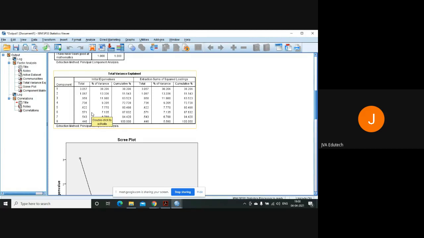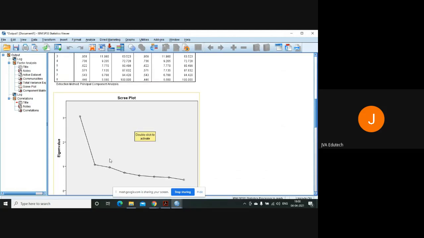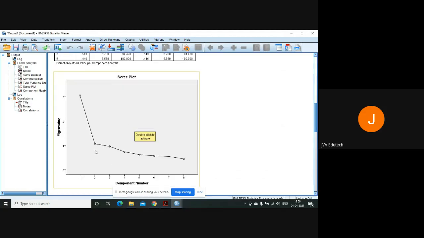Can you see this? I have told that for a good fit, you should have eigenvalues more than 1. And you can see that after the first and the second component, all the eigenvalues are less than 1. The scree plot is also telling you that you have to extract two factors, because after that there is an inflection.